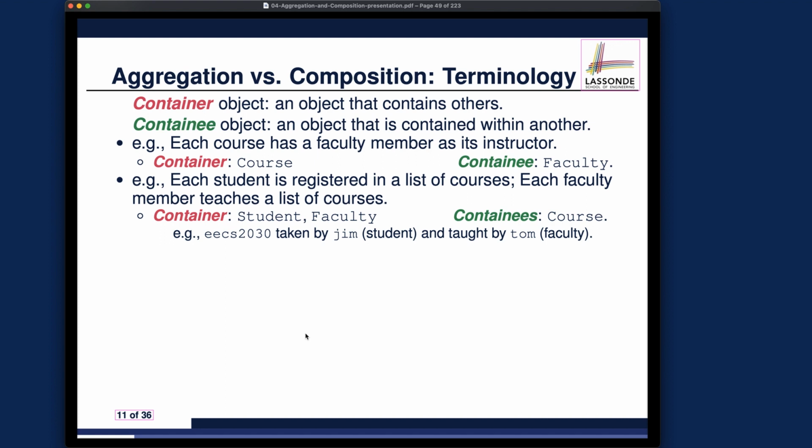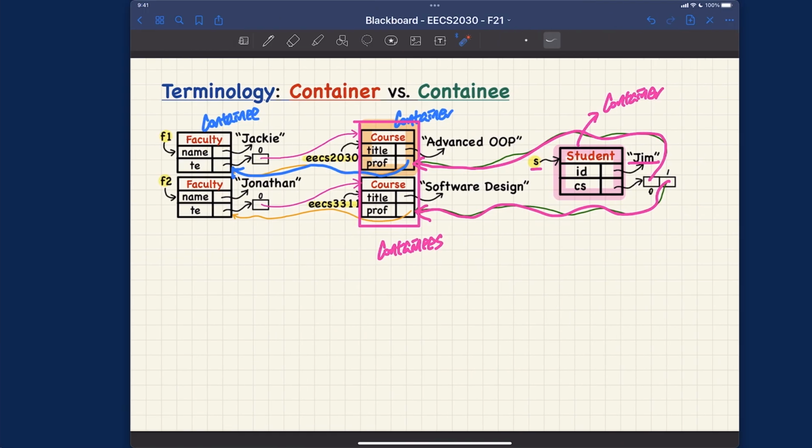Let's now go over some facts about the container and containee. Let's say EECS2030 is taken by Jim and also taught by Jackie. So this is one of the courses taken by Jim, and this is also one of the courses taught by Jackie. You can see the same course that we are talking about, right?